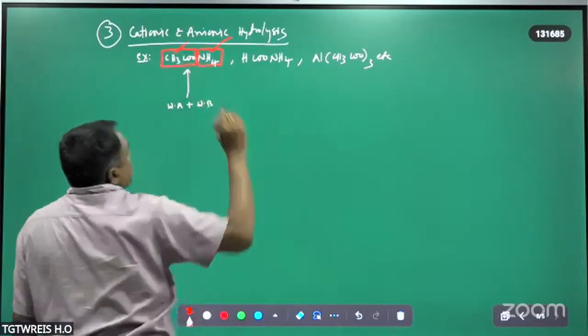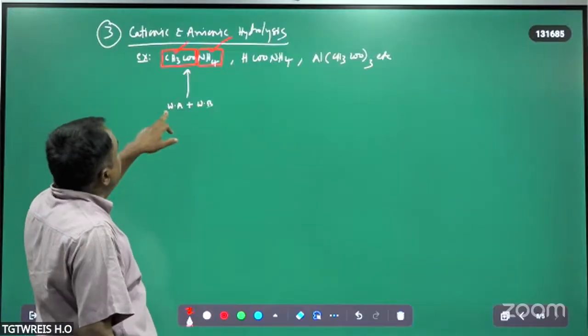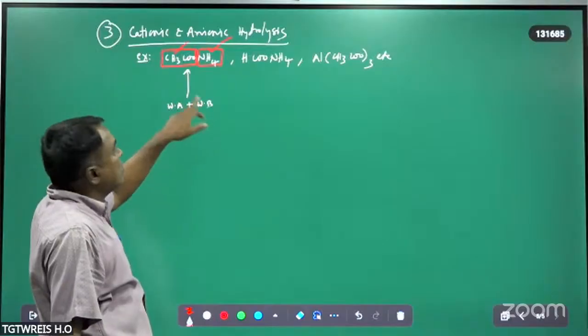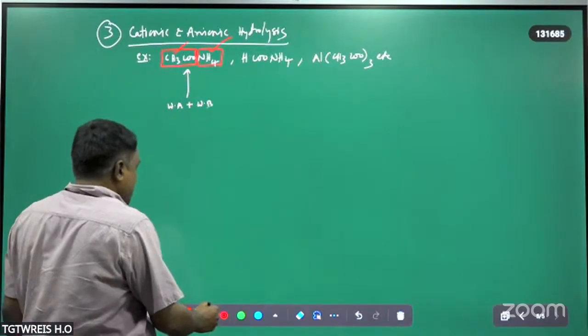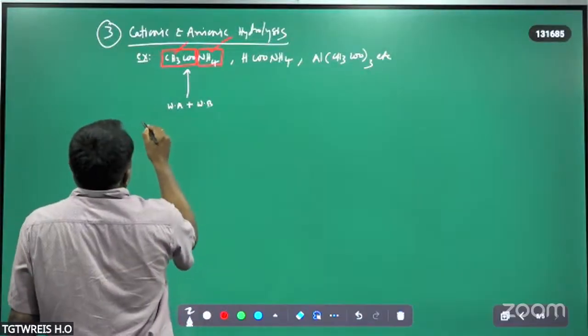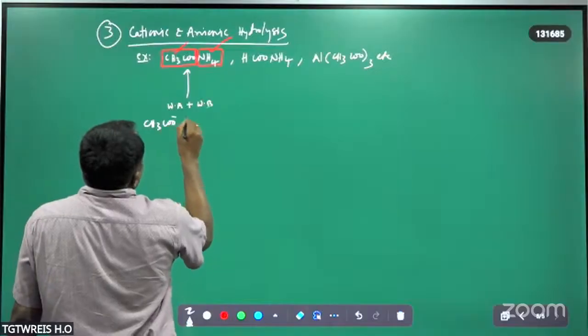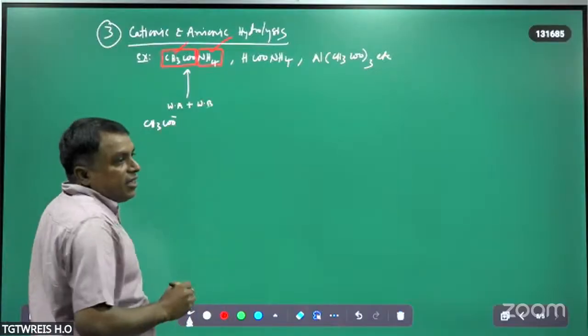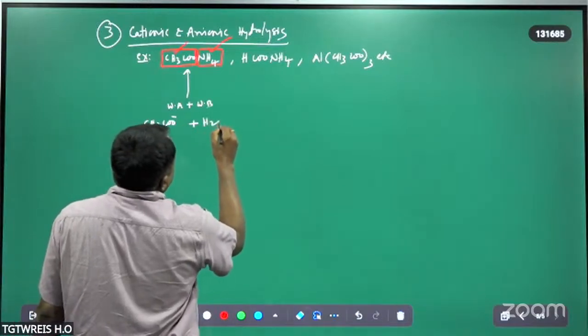Both undergo hydrolysis because they are the conjugates of weak acid and weak base. They are very strong. That's why they undergo hydrolysis. For example, CH3COONH4. So in which we have what now? Acetate anion is strong. That's why it undergoes hydrolysis to form what?